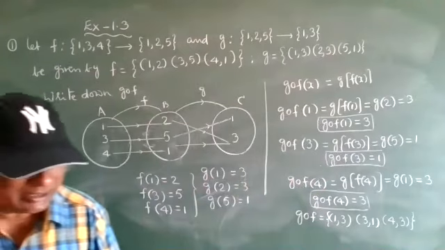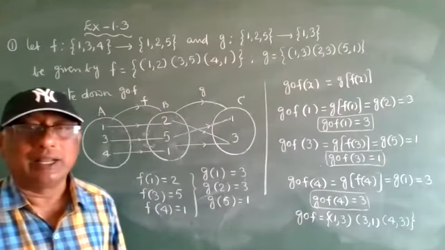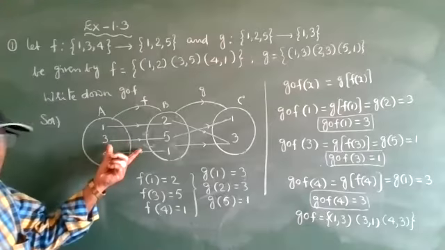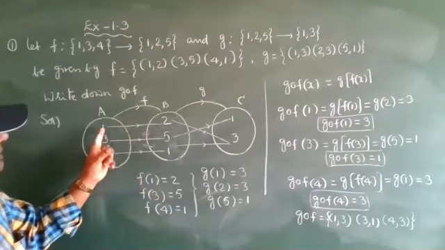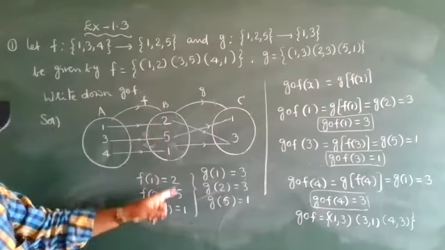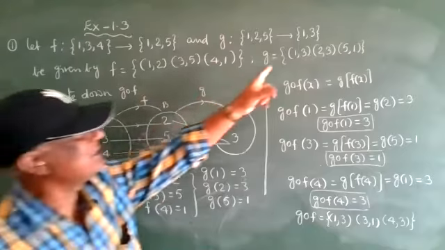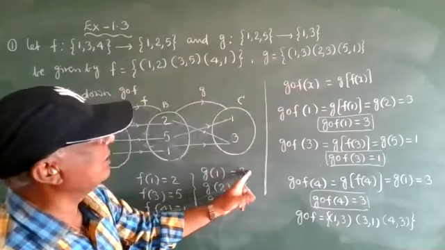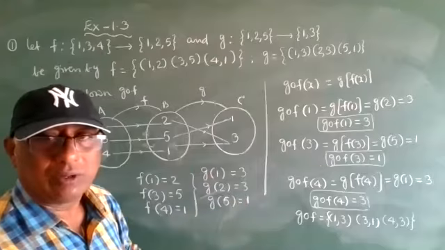That is the representation of G circle F. Okay, now clear? So first draw the figure and write down 1 image is 2 in F. So F of 1 is equal to 2, F of 3 is equal to 5, F of 4 is equal to 1. Next G: G of 1 is equal to 3, G of 2 is equal to 3, G of 5 is equal to 1.